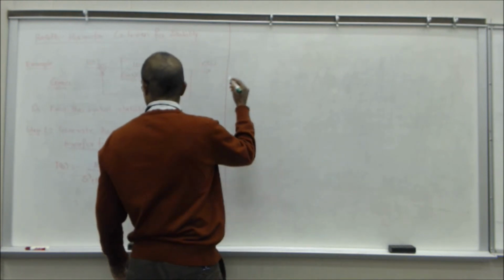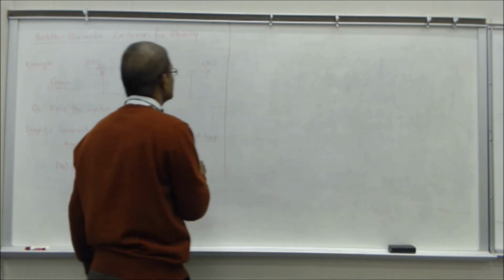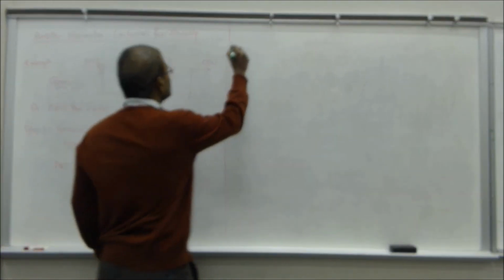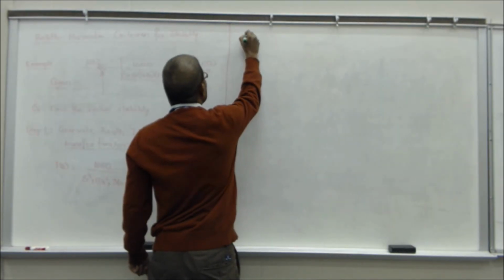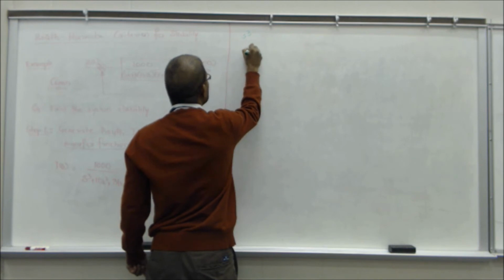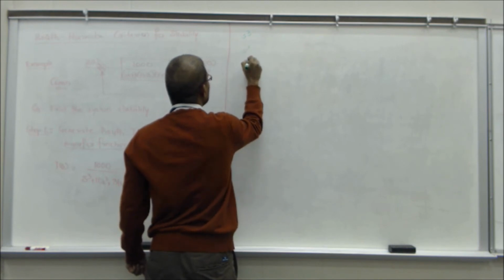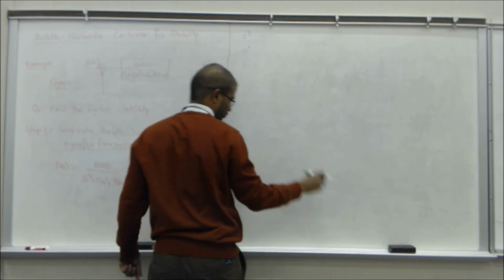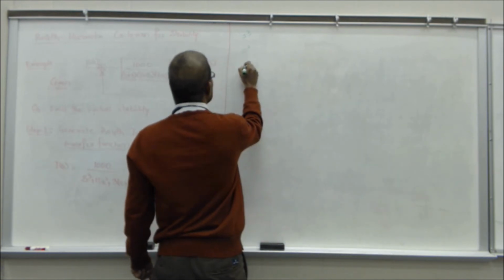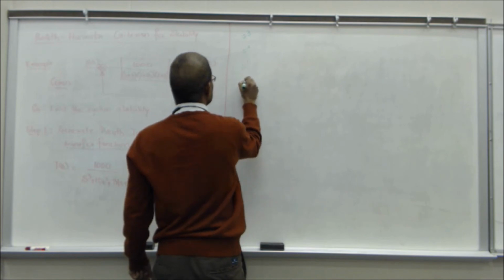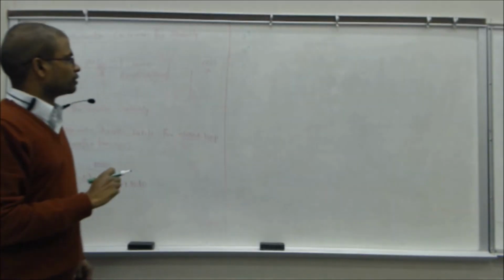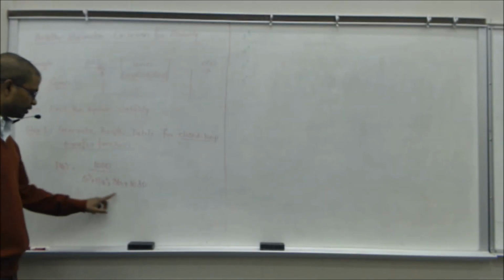Alright, so how do we generate the Routh table? So we write this down. You see the polynomial, right?